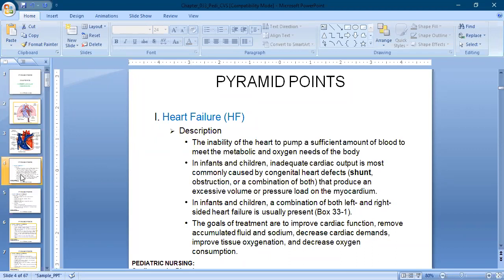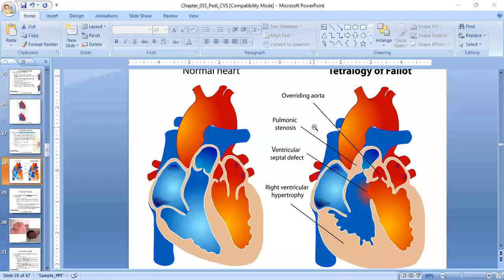In pediatric cardiology, we are basically talking about congenital heart problems, because congenital heart problems especially lead to heart failure.